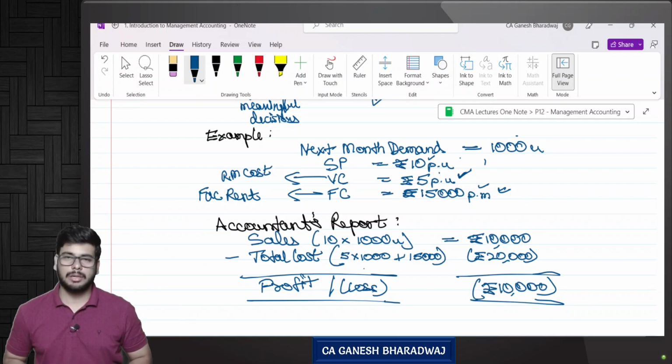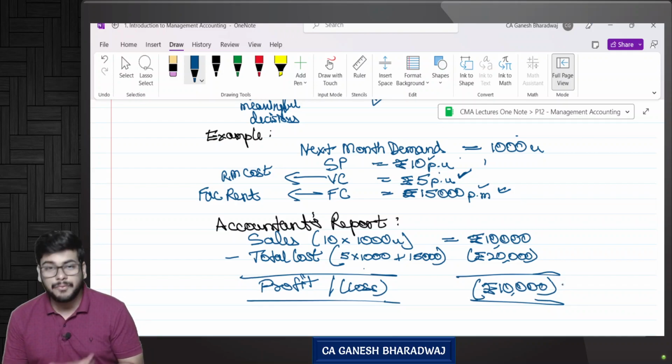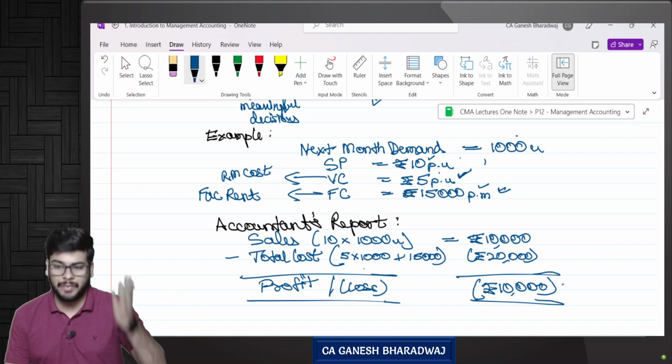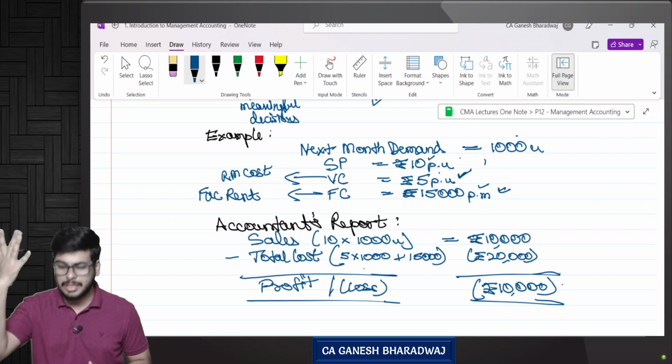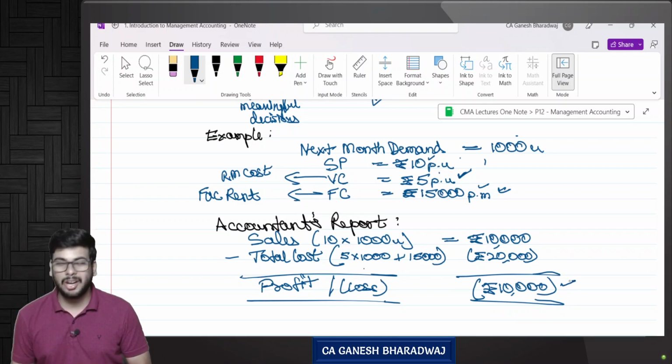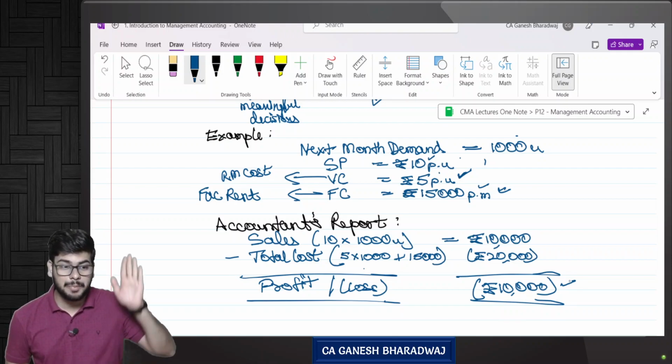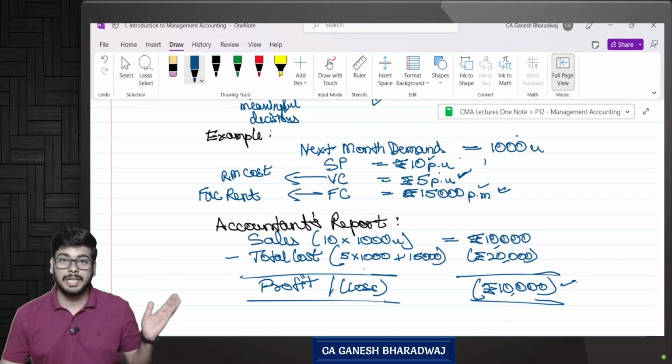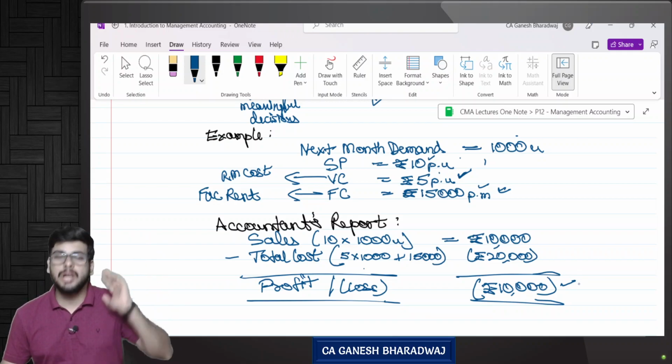You will say, no sir, next month keep it shut down only. Why? Because if you keep your factory open, produce 1000 units and sell them, you will be incurring a loss of 10,000 rupees. Don't do it. Clear? This will be the decision that a normal accountant will give.